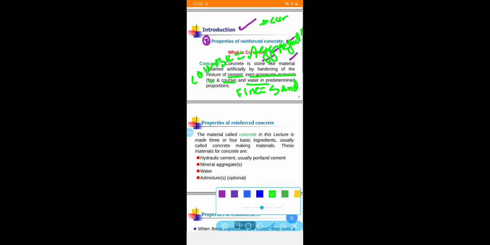Adding cement, sand, aggregate, adding all these which I have written on the above part: sand, cement, aggregate, plus water.